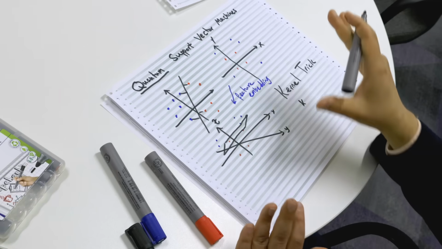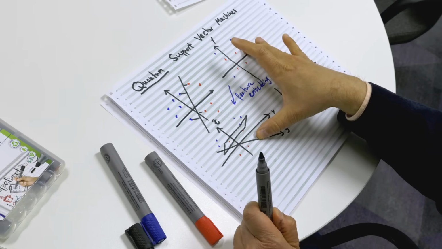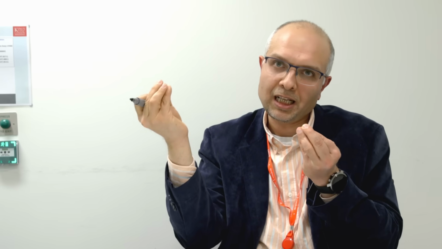So this has all been done in the classical setting, but quantum already gives us a very nice feature embedding because we already know how to map classical data into quantum data, which is much higher dimensional, using standard circuits. So there are standard circuits that take your data and, for example, based on the angle in your quantum space, can map your bits into the quantum bits using the angle as an additional dimension of your data.